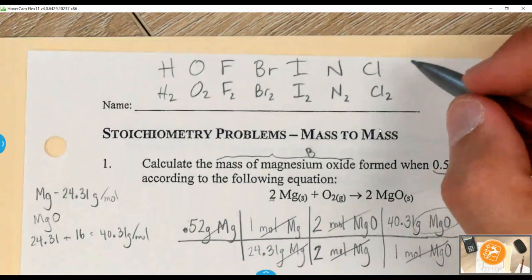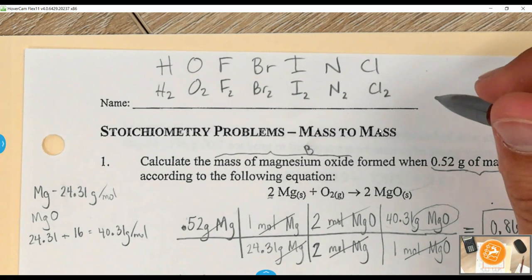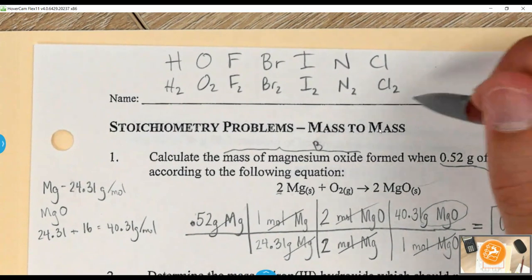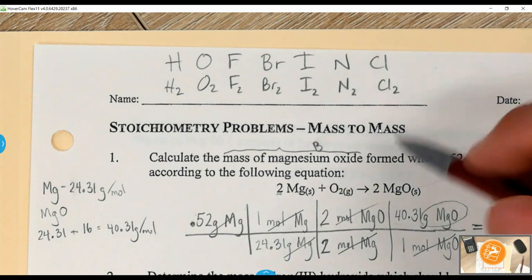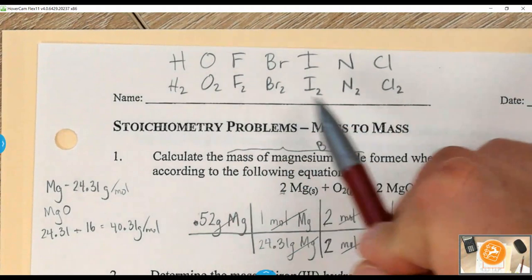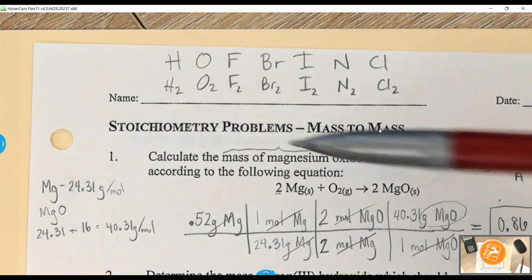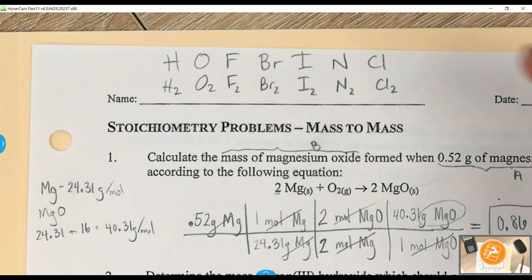So if they said you have gold, it's just going to be Au. If they said iron by itself, it's just Fe. Calcium by itself is just Ca. If it's one of these 7, Hofbrinkel. Sounds goofy, but it helps me memorize those 7 diatomic molecules.